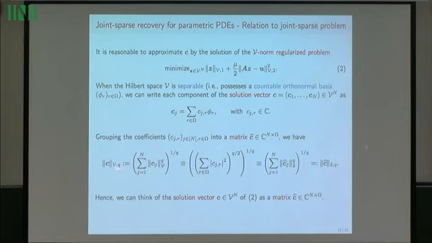So I have the V-q norm, which is the sum from j equals 1 to n of the V norms of the jth component of this vector, to the power q, to the 1 over q. And this is equivalent to this sum through Parseval's identity because I have an orthonormal basis, which is nothing more than an L2 sum of some row of this matrix. So this is equivalent to the 2,q norm of this matrix. So we can think of the solutions C and Vn to this problem as a matrix C hat in Cn by omega.